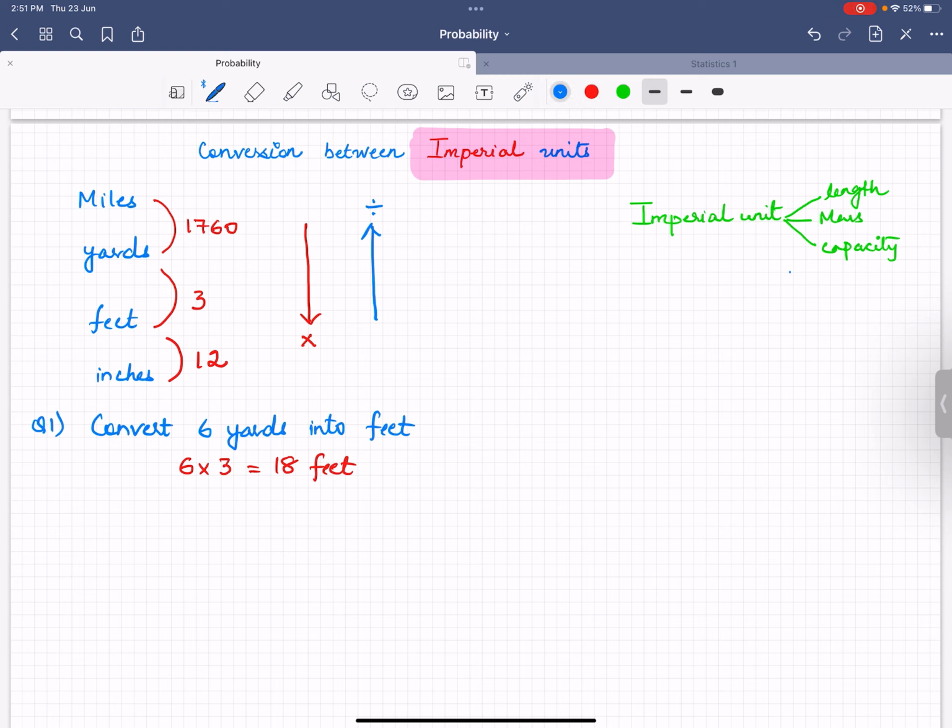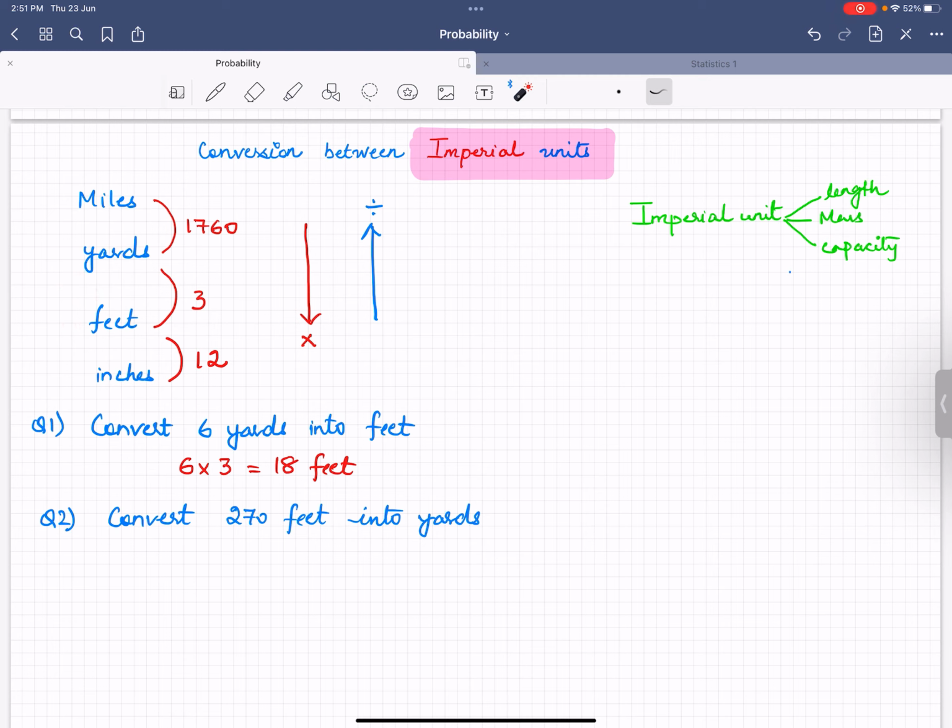Question number 2. Convert 270 feet into yards. So we are going from feet to yards, which means we are going one step up.